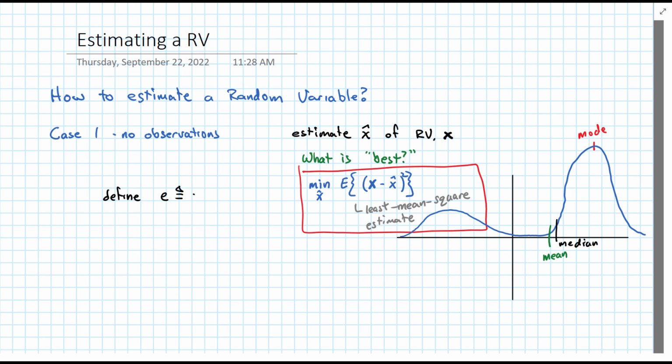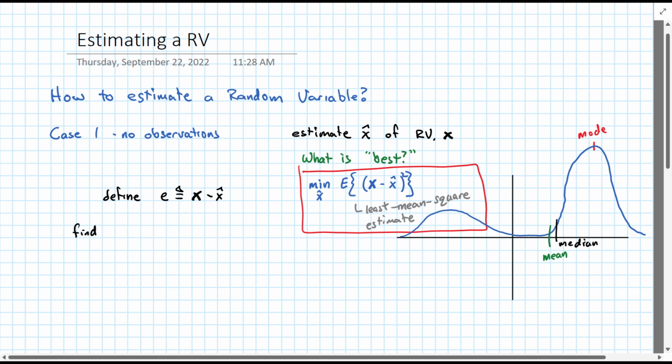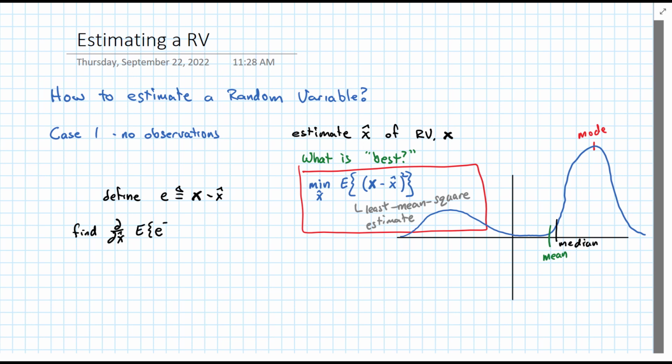E is defined as x minus x hat. Then we can minimize this quantity by finding the derivative of the expected value of e squared with respect to x hat and set that equal to 0.